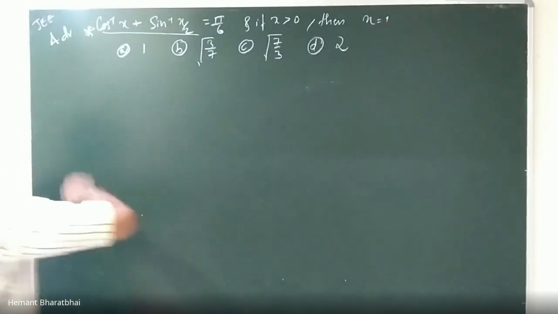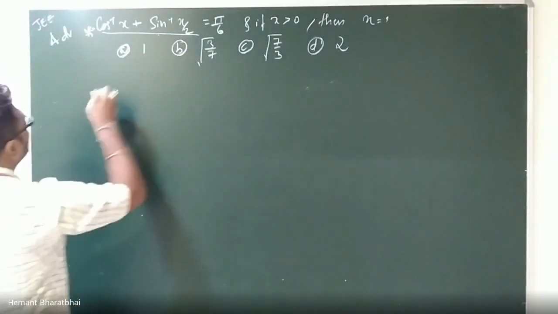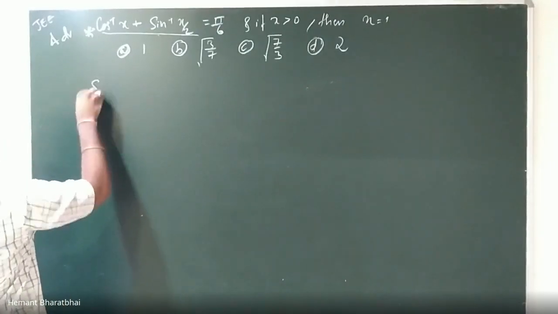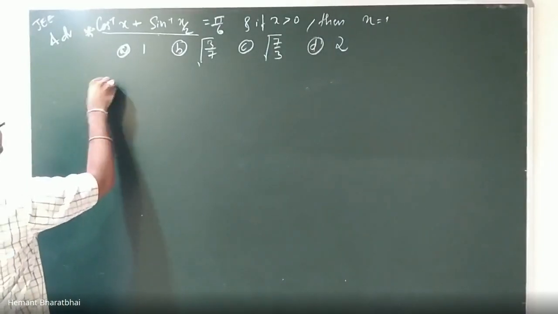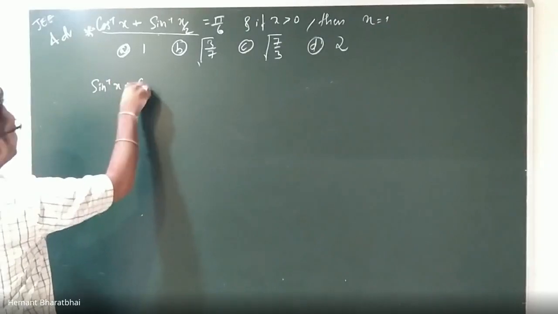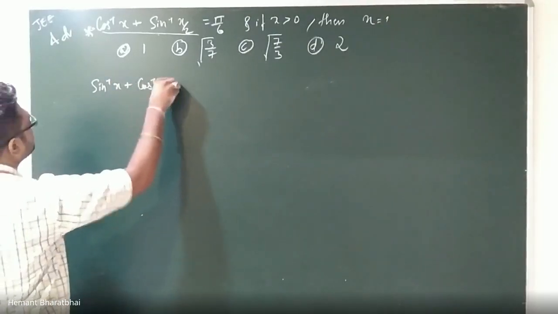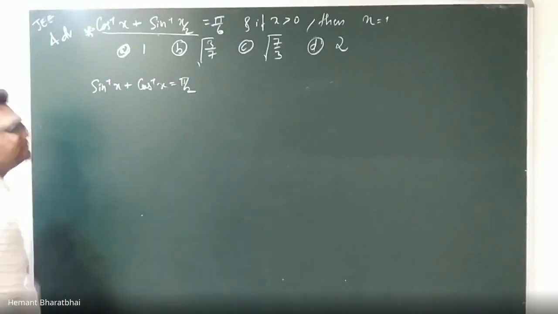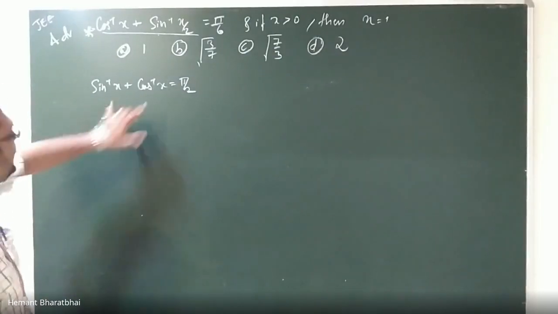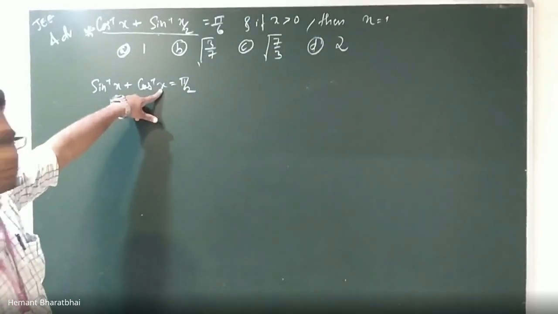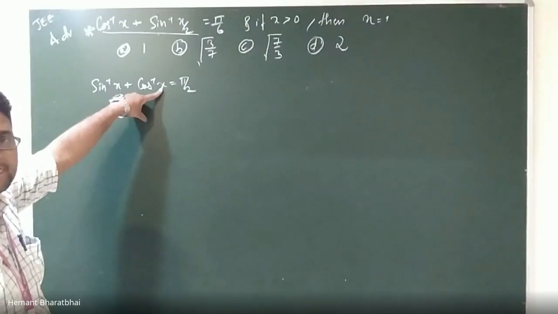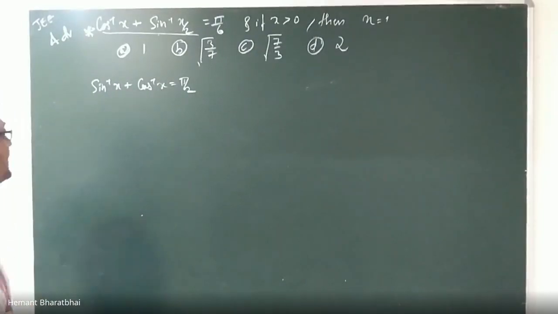So we have this formula, if you remember, sin inverse of x plus cos inverse of x is pi by 2. You can have any x over here, you can write 2x, but the same angle should be in both terms.